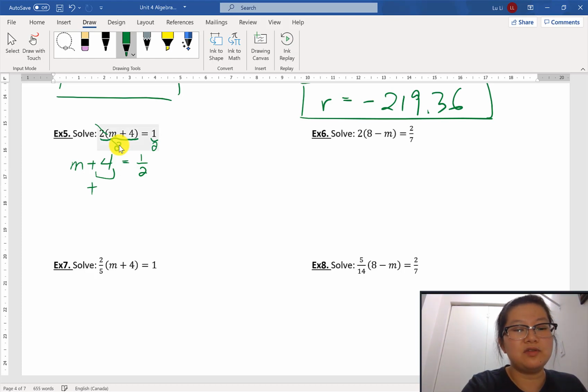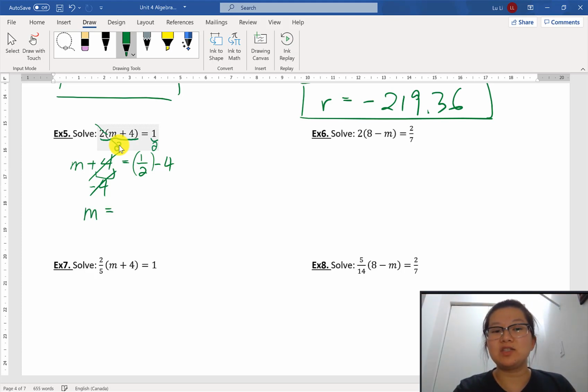I'm going to do that by subtracting 4 from both sides of my equation. And imagine there are some brackets. Yeah, this 4 goes away. I get m is equal to 1/2 minus 4, or this is negative 3.5. We can put it in a calculator, or you can actually try to work it out.